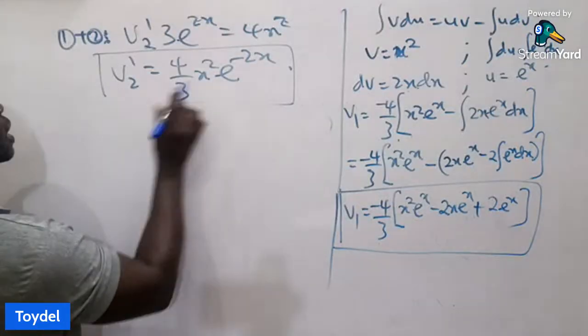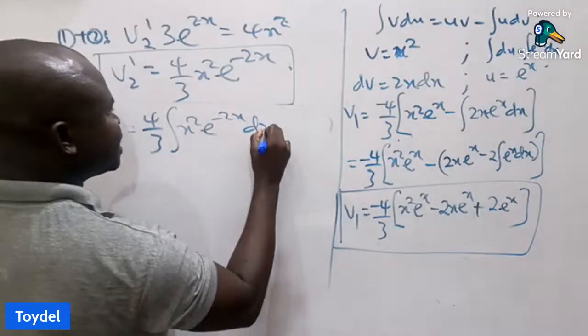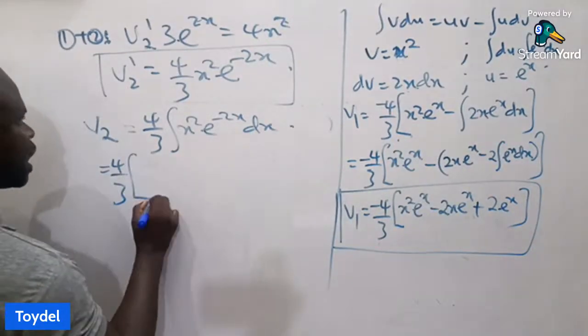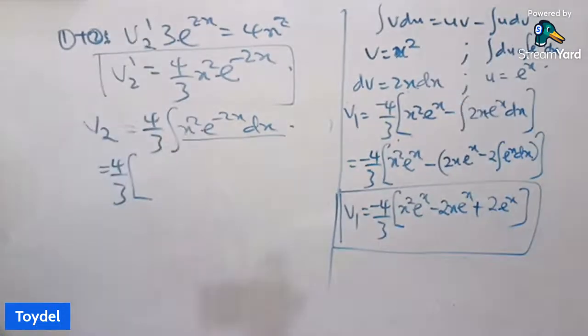I will integrate both sides so that v2 will be equal to 4 all over 3 integral x squared e^(-2x) dx. Of course, this is the same thing as 4 all over 3 into brackets. I'm going to apply integration by parts on this because this is the product of two functions, an exponential function and a polynomial function.